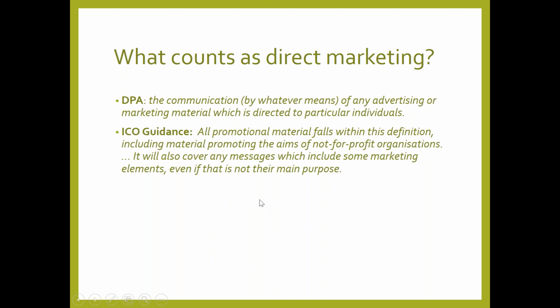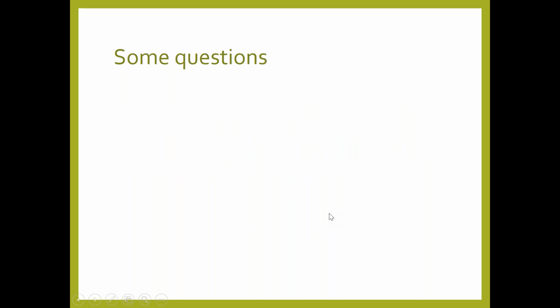So if you have an e-newsletter that is 90% news, but at the end there's a little bit saying, oh, and by the way, if you like what we're doing, this is how you can support us, then that newsletter, according to the Information Commissioner, counts as marketing. Now, I'm not sure how much I agree with that. I don't know, you can make your own mind up whether you agree with it, but that's what the ICO says, that if there's any content that is at all to do with marketing or promoting your aims, then it makes the whole communication count as marketing.